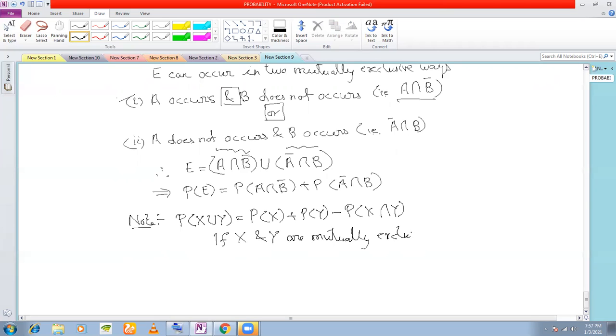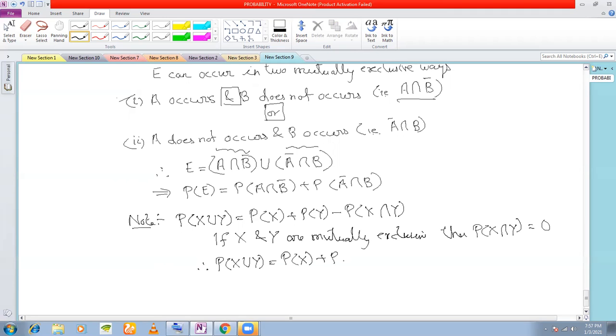If X and Y are mutually exclusive, then P(X intersection Y) must be equal to 0. So P(X union Y) equals P(X) plus P(Y).